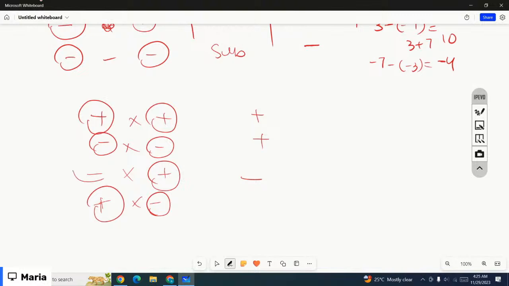Answer must be negative. So if the numbers have same sign, right? Either they both have addition, they both have subtraction. The answer must have a positive sign. If one of the number is negative, answer is negative. Got it? Let's just start with the multiplication now.